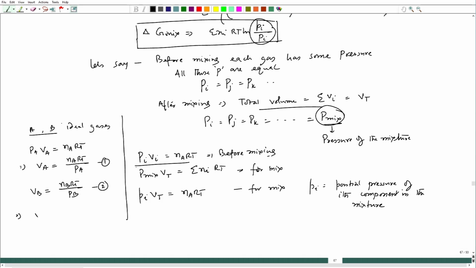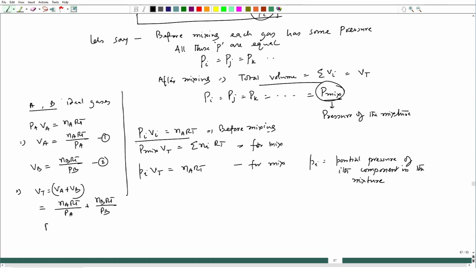So, then I can write V total equal to V_A plus V_B, equal to N_A R T by P_A plus N_B R T by P_B.